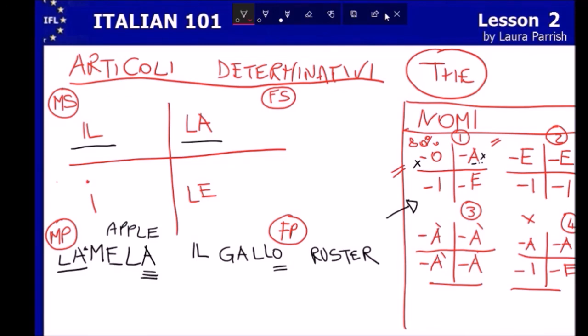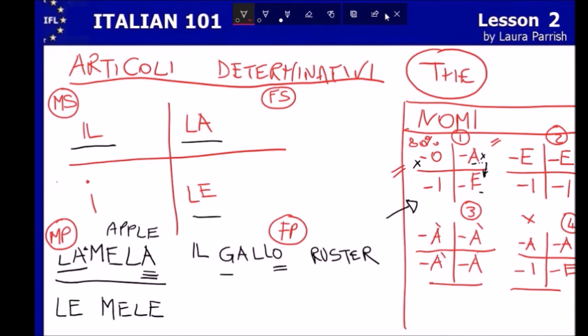Okay, so now let's see. We saw this word, la mela, is feminine singular. Let's make it plural. You know how to make it plural, right? You go in the feminine plural of the same pattern. So the plural of mela is mele. So the feminine plural article is le mele. Very good.